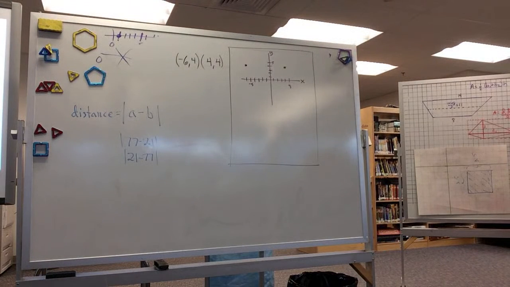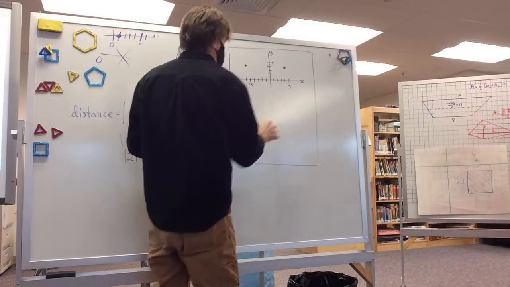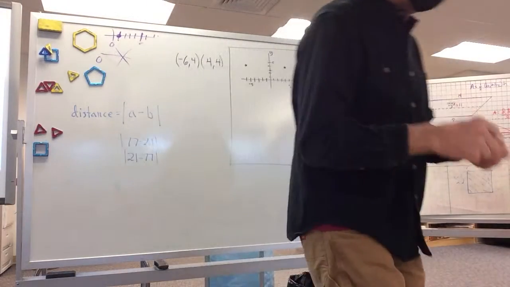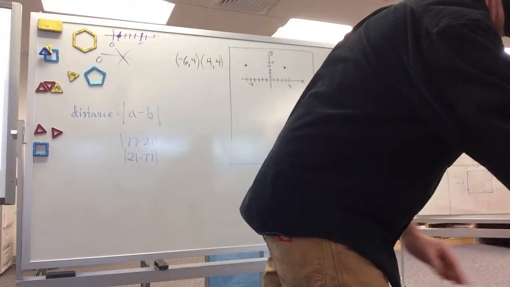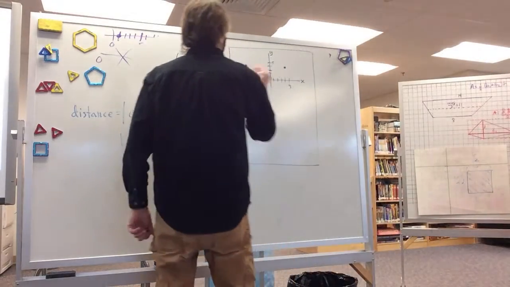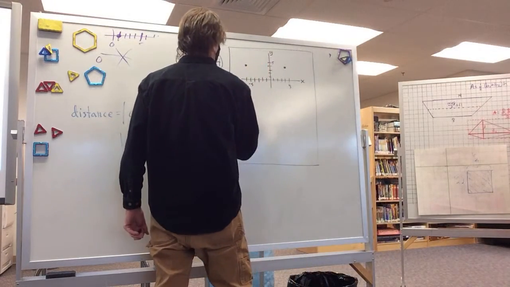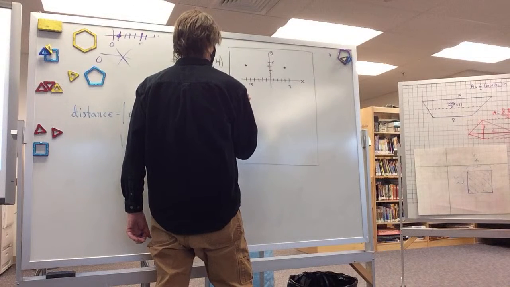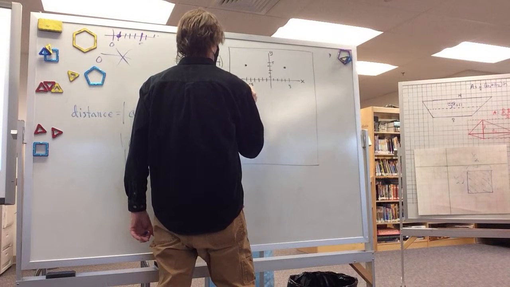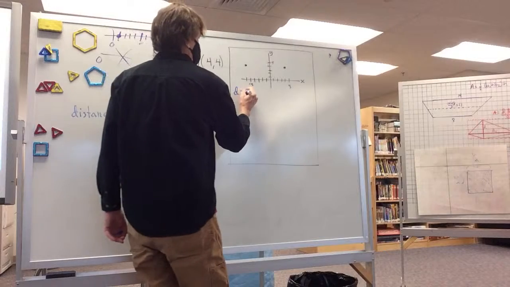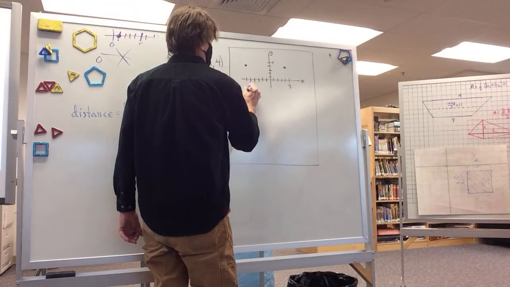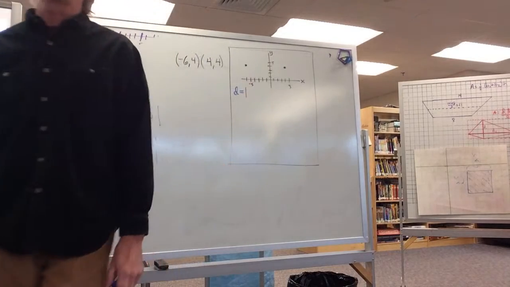Agreed? Okay, so then what I'd like you to do on your sticky note, even down underneath here, is write this out. So the distance, in this case, is going to be, and you're going to write absolute value.